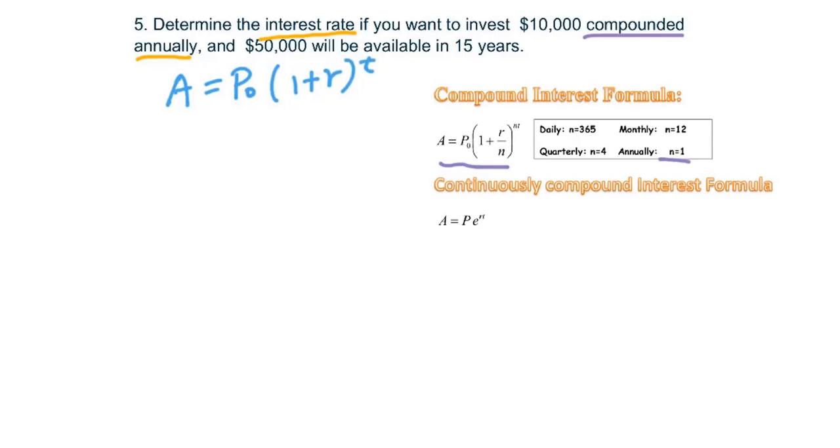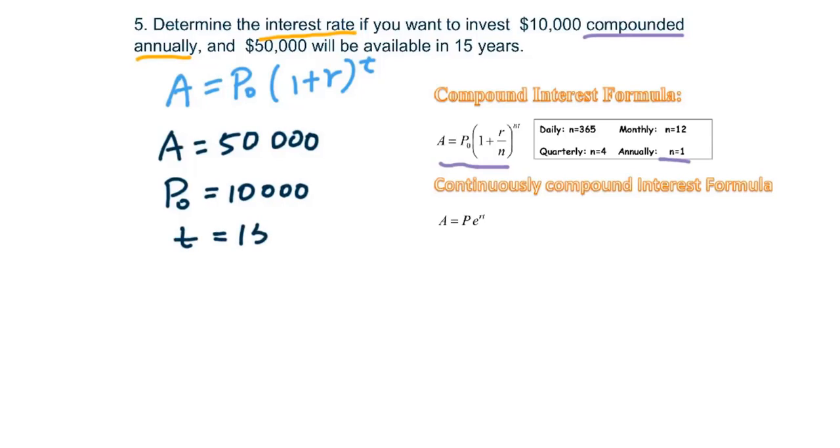We already know A equals 50,000 and P equals 10,000. T equals 15 years.